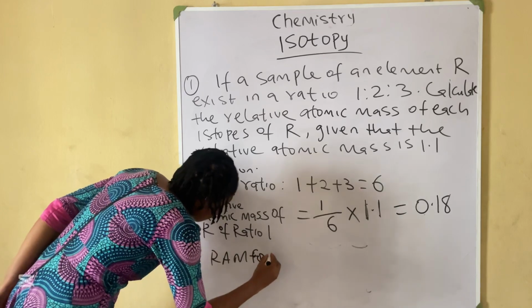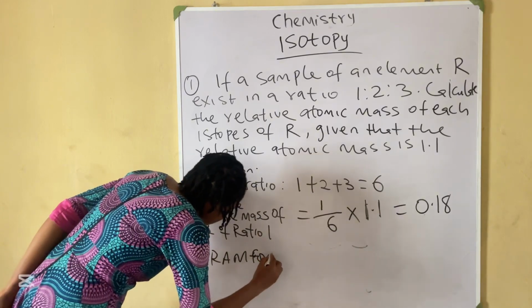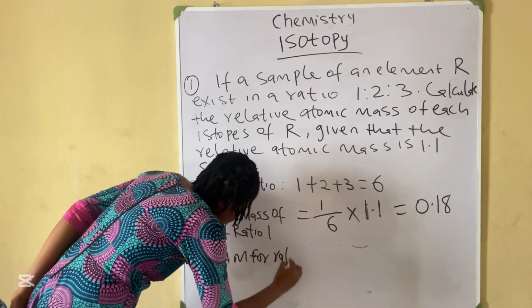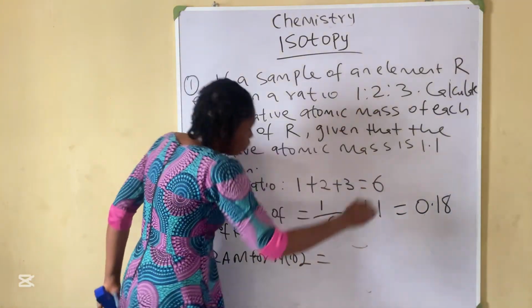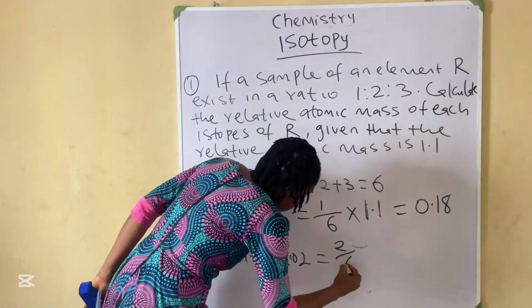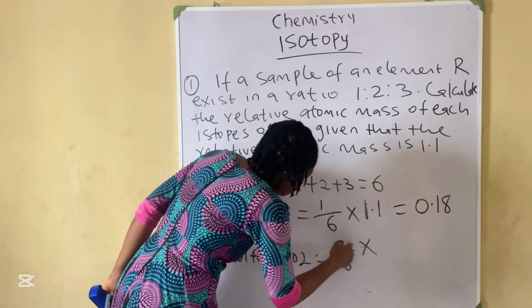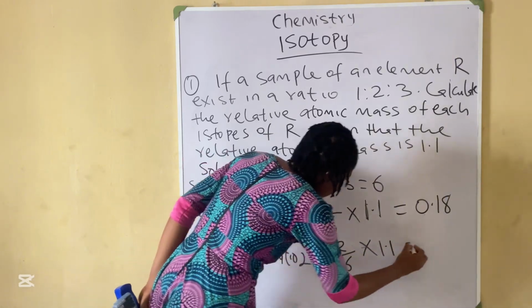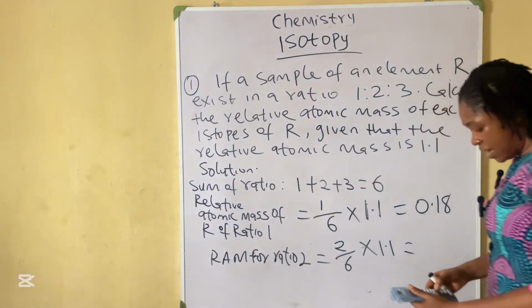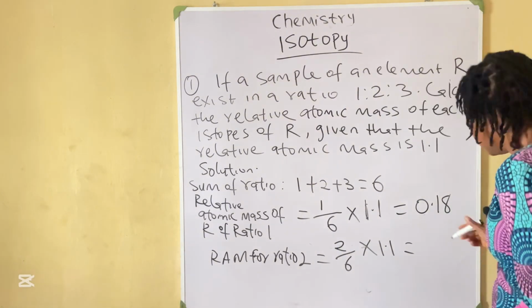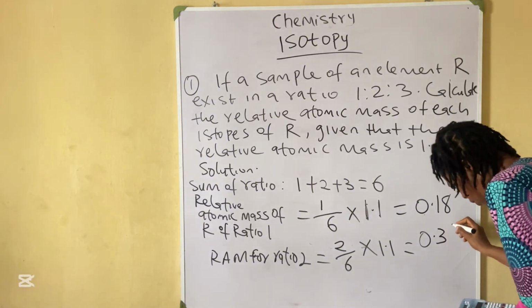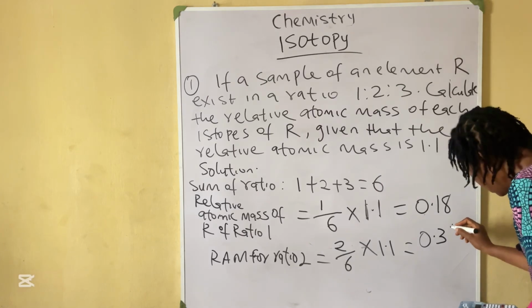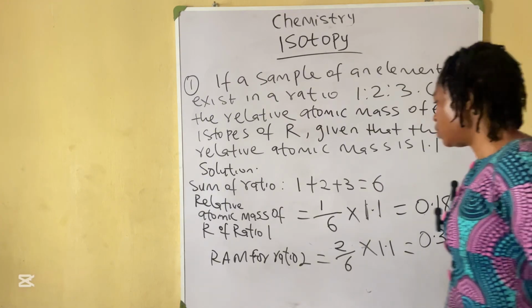So do the same for the one with ratio 2. This one is 2/6 times 1.1. So what do we have? 0.37.